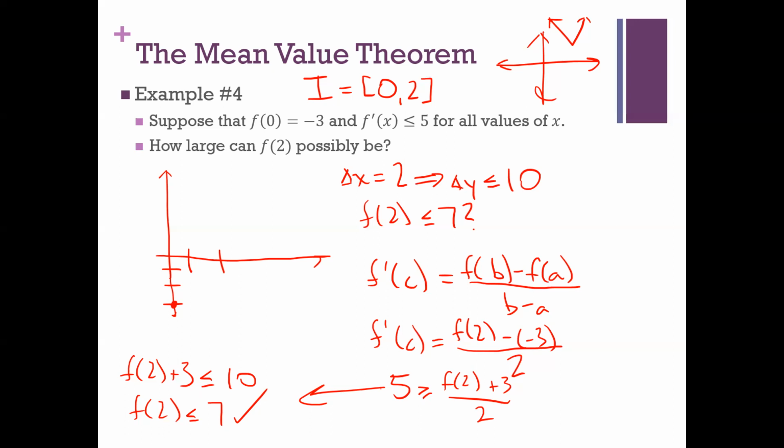I kind of left it hanging whether Solomon was right. The mean value theorem really convincingly says that yes, that maximum is 7. Anything else here?